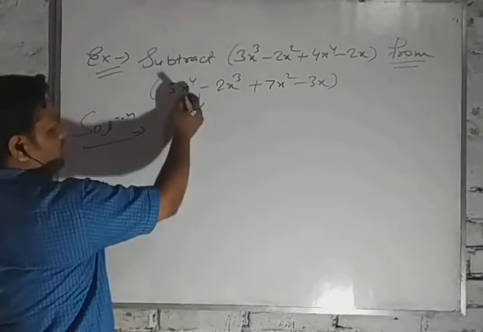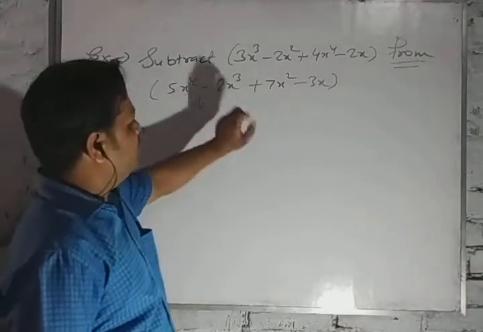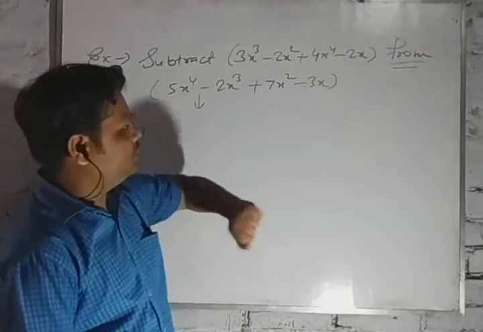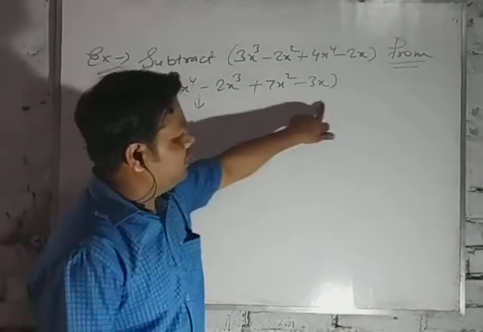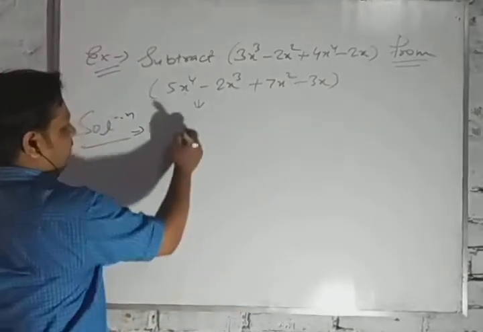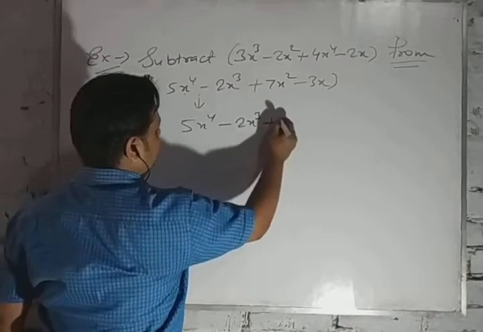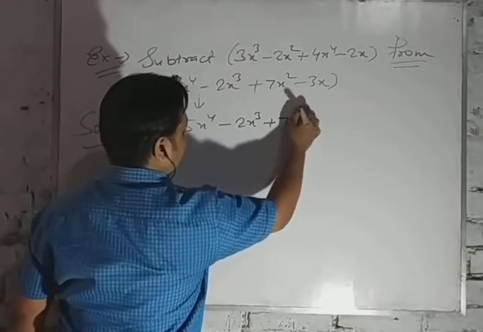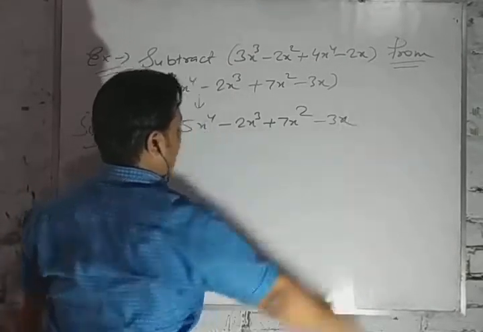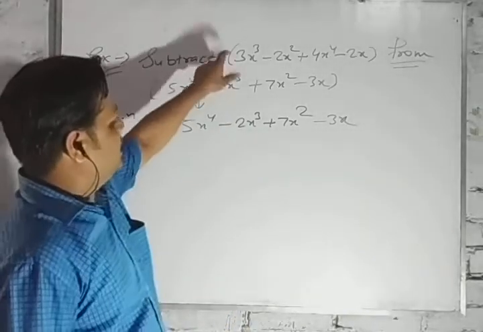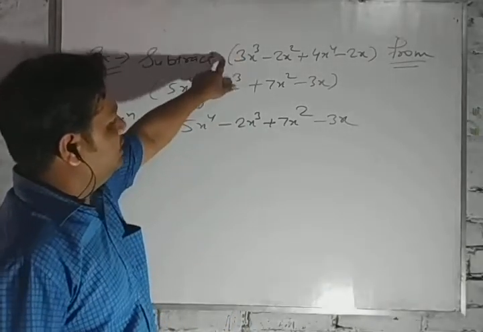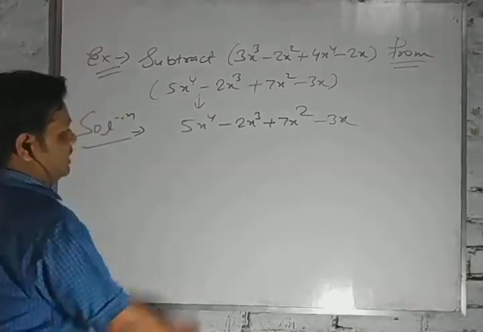Here you can see x to the power 4, here x to the power 3, here x to the power 2 and x to the power 1. That is, it is already arranged. So directly we will write 5x to the power 4 minus 2x to the power 3 plus 7x to the power 2 and minus 3x. Okay. Now the second expression will go downside in the second row.